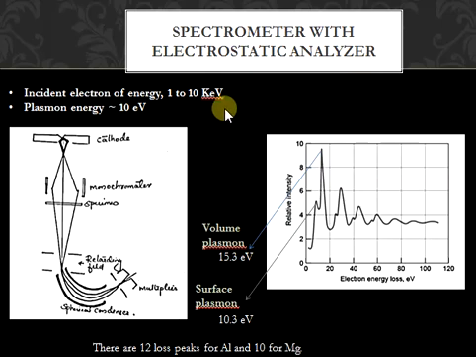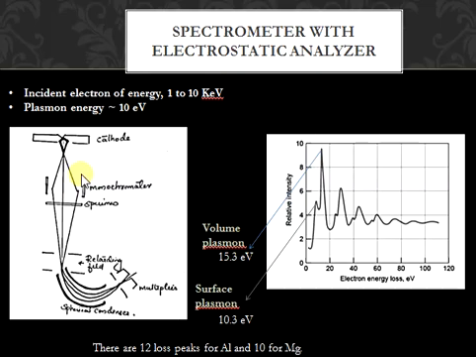In this slide you can see an experimental setup which uses a spectrometer with an electrostatic analyzer for the study of plasmons through electron energy loss. This is the schematic of the experimental setup. Here, the electrons created in the cathode pass through a monochromator.